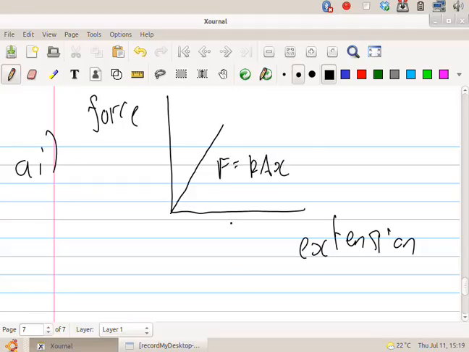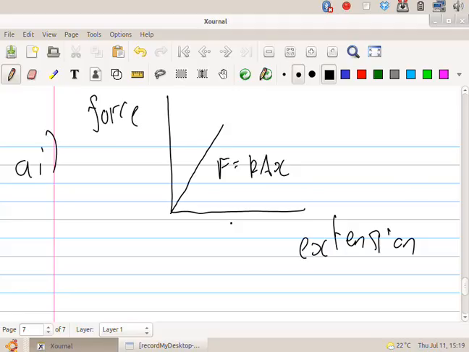But then do you remember what happens if you stretch something too much? Now let's say it doesn't break, okay? You reach what's called the elastic limit. So then what happens to the material? It doesn't go back. It doesn't jump back. It's more plasticky.